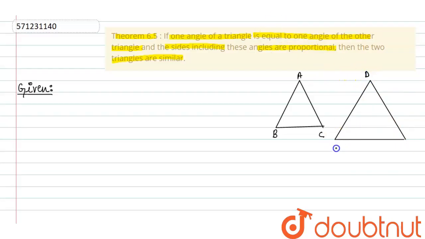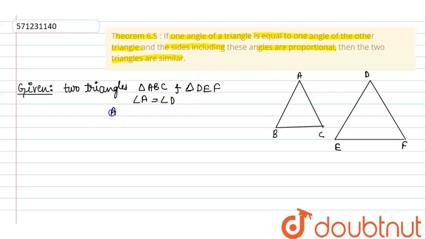DEF. So according to the question, we are given two triangles. First is triangle ABC and second one is triangle DEF, such that angle A equals angle D, and it is saying the sides including these angles are proportional.